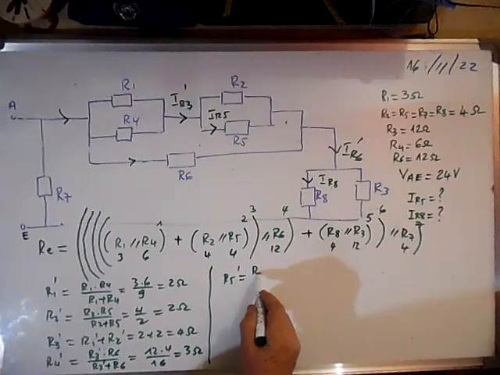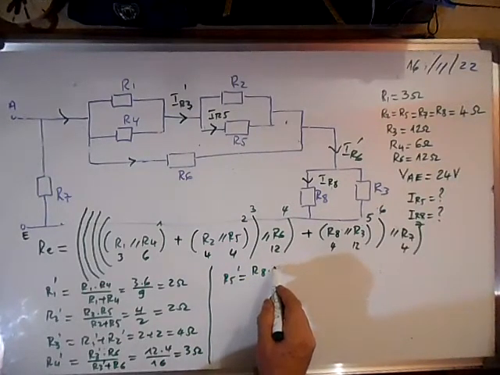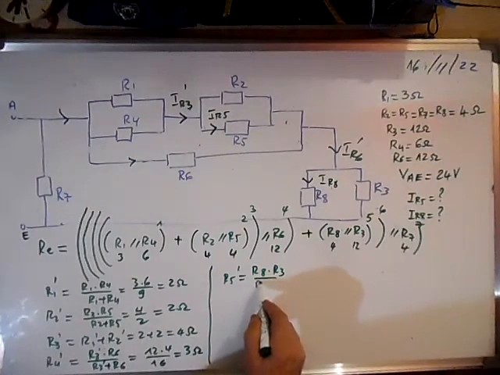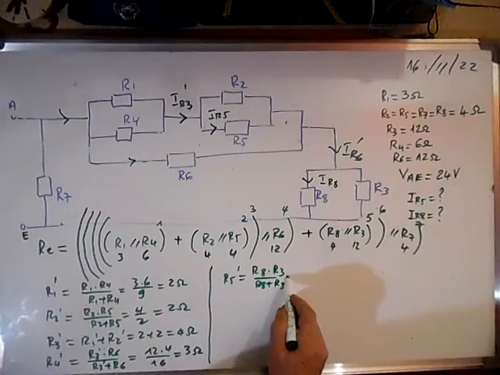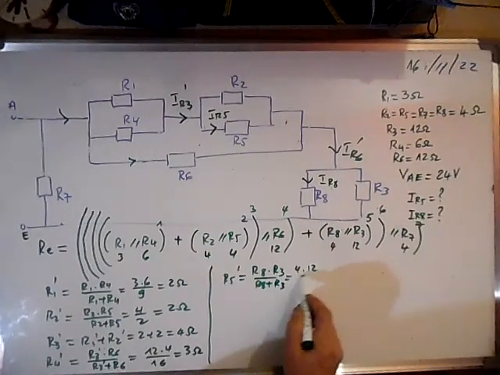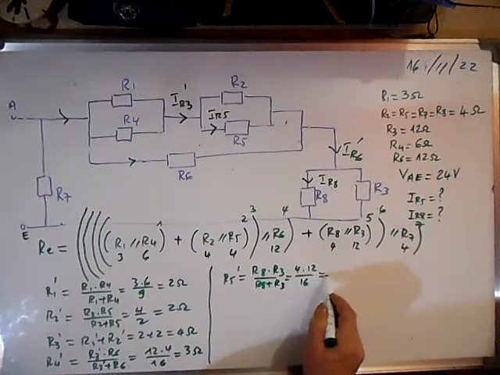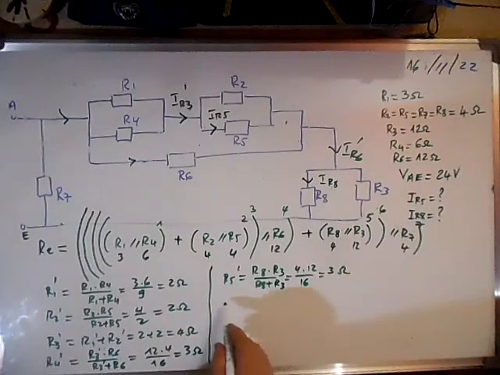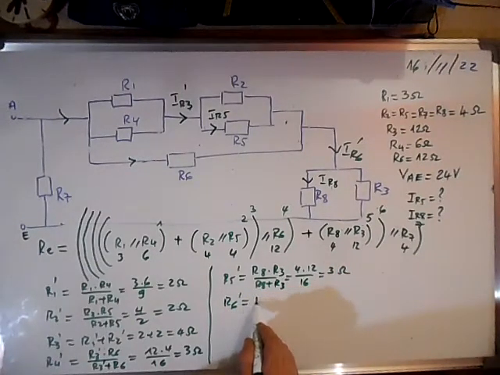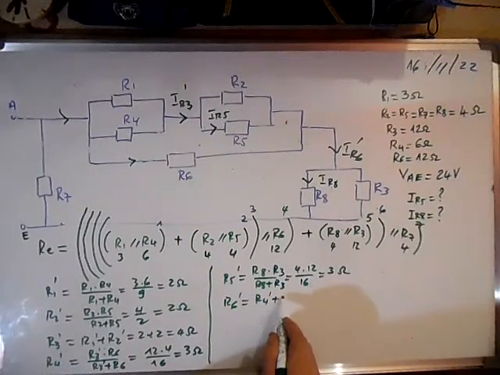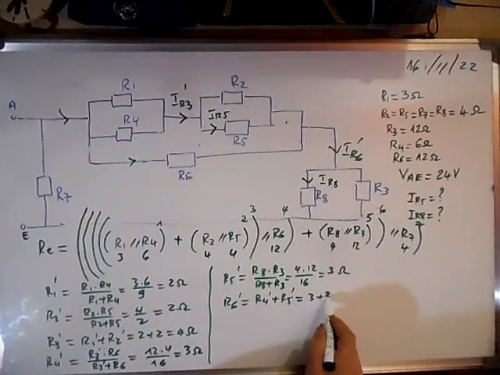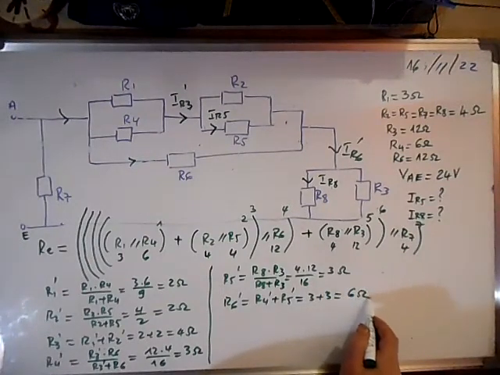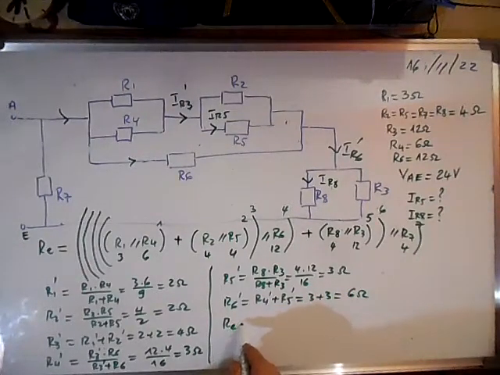This is R8 times R3 over R8 plus R3, which is 4 times 12 over 16, which is 3 ohms. And R6 prime is R4 prime plus R5 prime. This is 3 plus 3, which is 6 ohms.